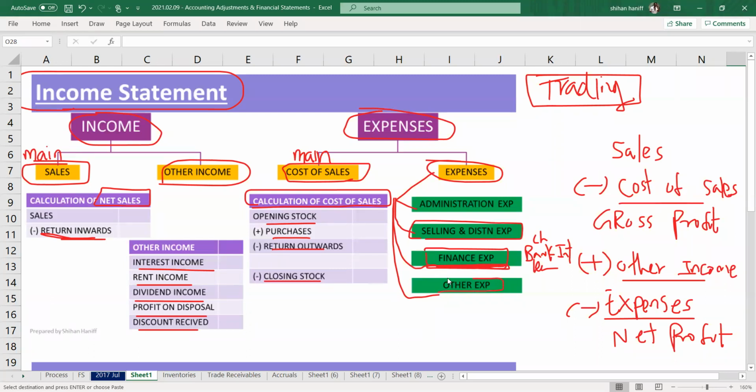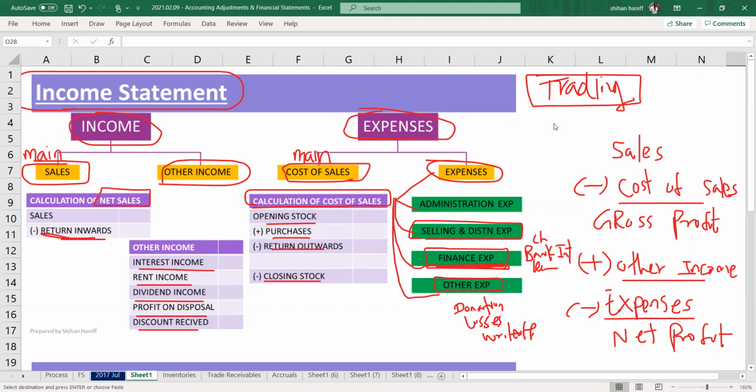Other expenses are any other extraordinary expenses like donations, disposal losses, damages, and write-offs. So these are other expenses.